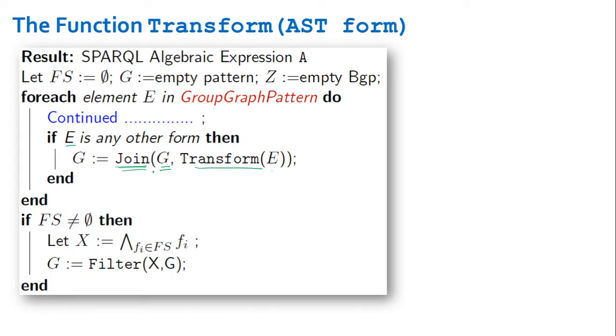So this is the 7th case, and finally we are left with the filters, right? So we have accumulated the filters while we are processing the things that are inside this while block, right? And these filters are not the filters that are included inside the optional block. So that is what you need to consider, right?